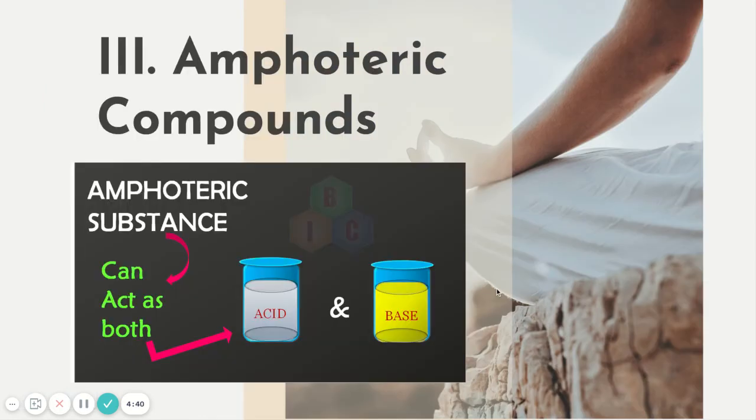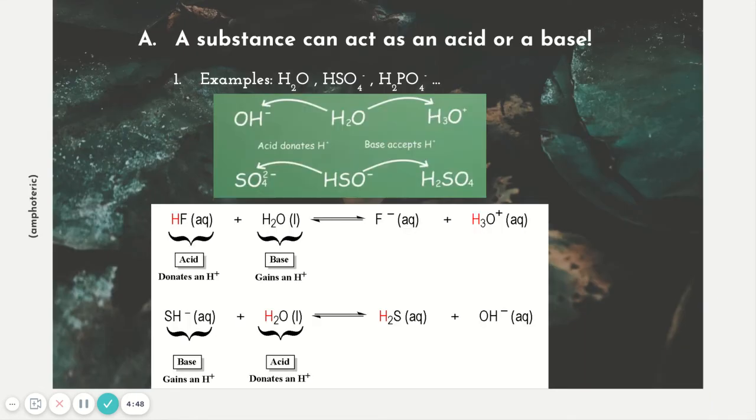I've used the term amphoteric a couple times now when I've been talking about water. As I said, it can act as either an acid or a base. There's a couple compounds that can do it, not just water, but the other ones are mostly ions, mostly polyprotic ions that are in the middle of their dissociation. When you have one H or even two H's with a negative charge specifically, then you can continue to give up H's or continue to add them.